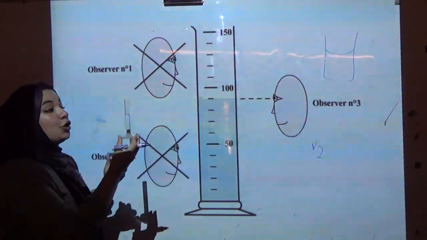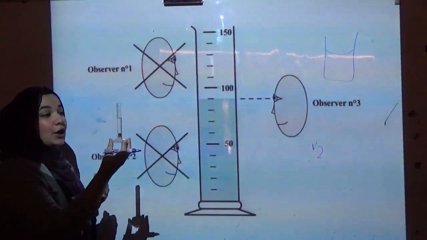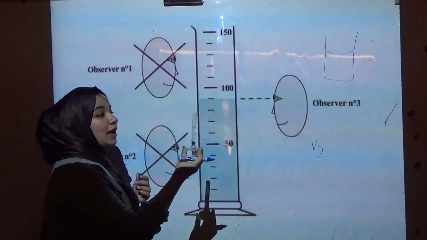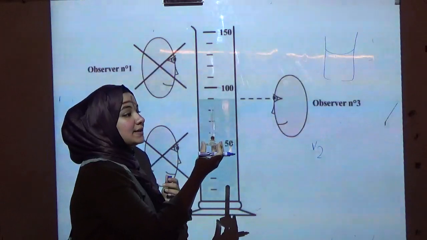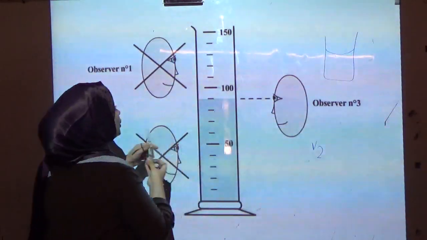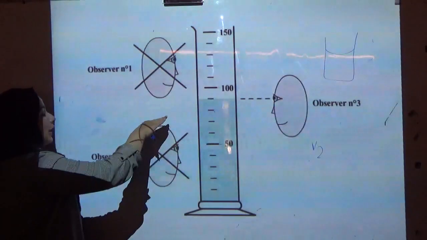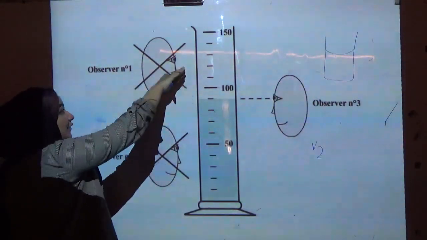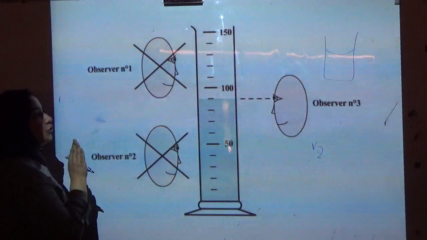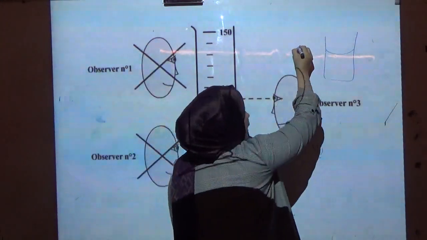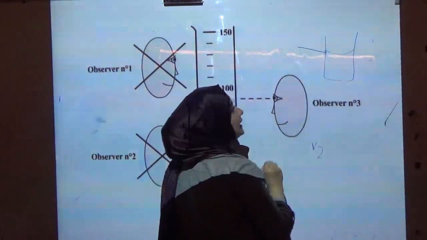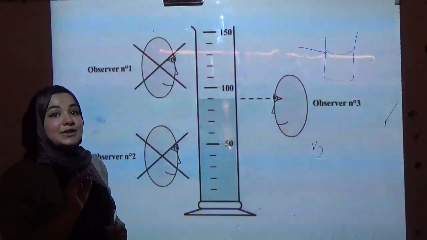So I should look at my graduated cylinder in a horizontal position, like this. This is the correct position. I should not look from above or below the water. I should look horizontally at the liquid. So this is the right reading.